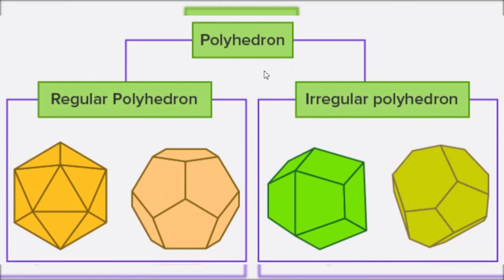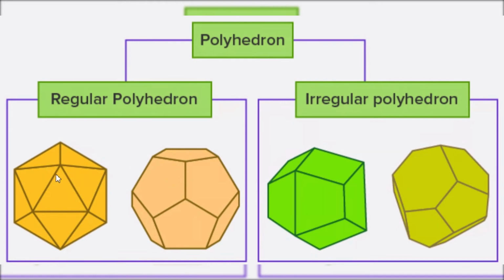Now, polyhedrons can also be classified as follows. Polyhedrons can be classified as regular polyhedrons and irregular polyhedrons. Regular polyhedrons are those polyhedrons where the faces are all identical, all the same. In this case, all the faces are triangles, and in this case, all the faces are regular pentagons.